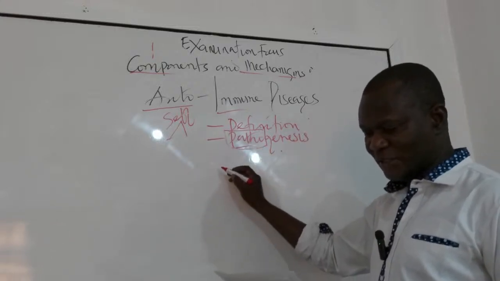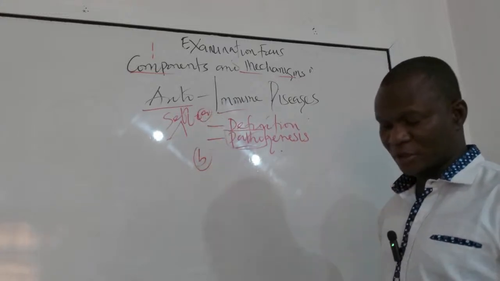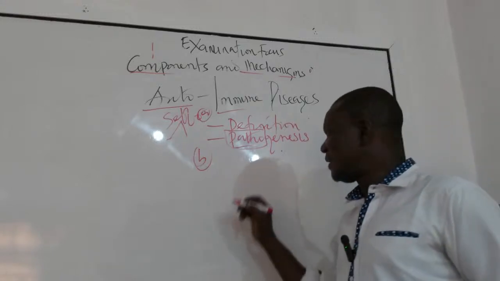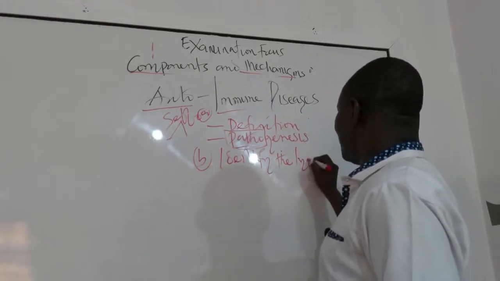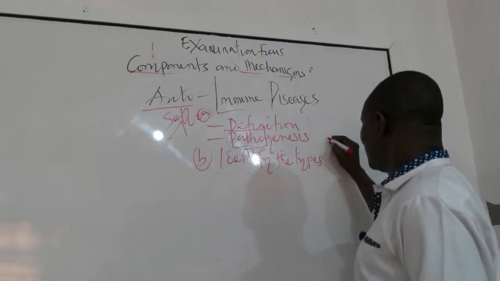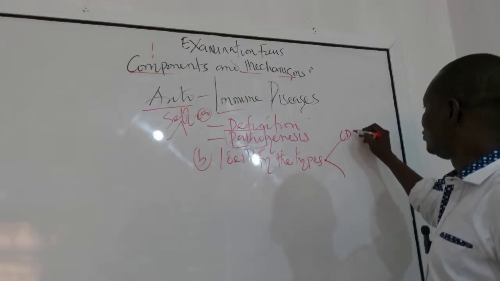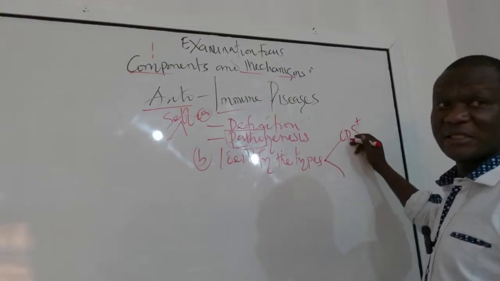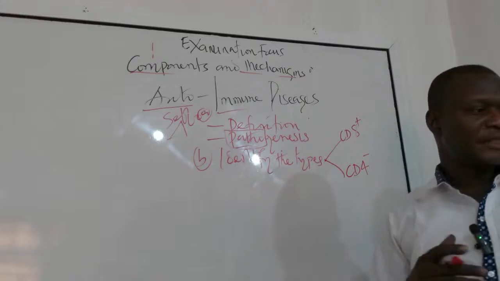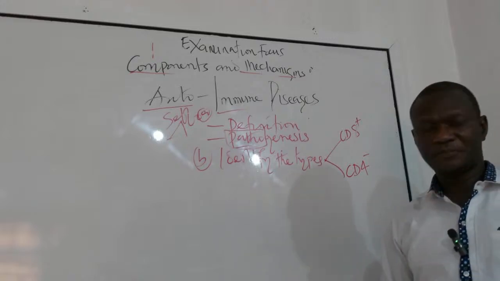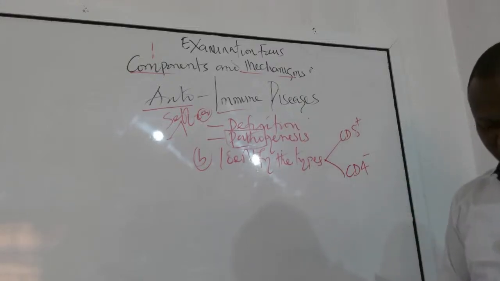You should be able to tell us the definition and the pathogenesis. Then, you should be able to identify the types or components of the immune system that are affected. This has to do with a problem at CD4 and a problem with CD8, that is between the cytotoxic T cell and the T helper cell.